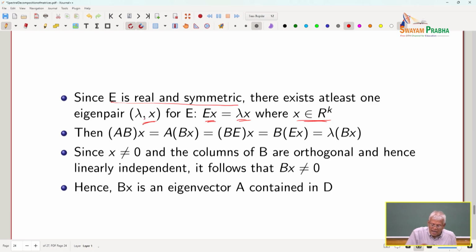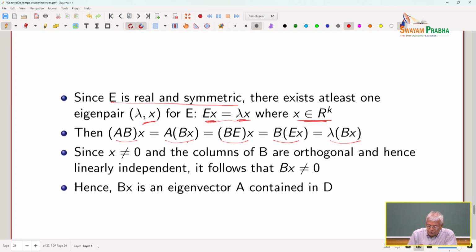So if lambda and x are the eigenpairs of E, Ex is equal to lambda x, where x belongs to Rk. Therefore, A times B of x is equal to B times E of x, which is equal to lambda times B of x.